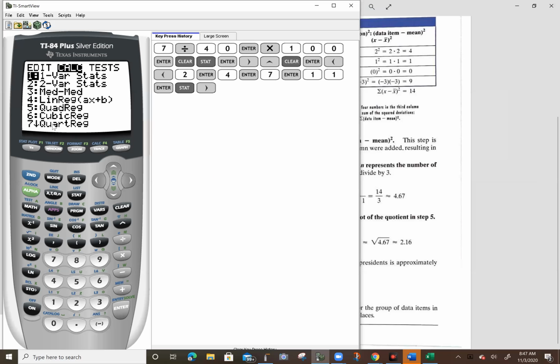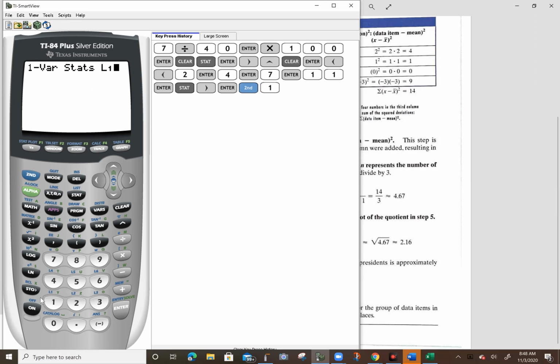If we were dealing with two different variables, so we put numbers in list 1 and list 2 to see if they're correlated, we would have used 2var stats, but we are only using one variable statistics. That's what var stands for, variable. Now I need to put in what list I used. So I'm going to do second 1 because I used list 1. Remember, I had to remember what that was.